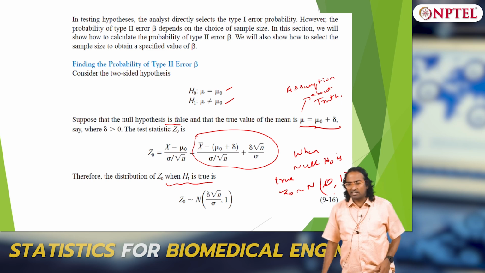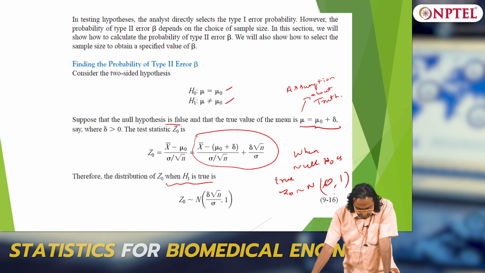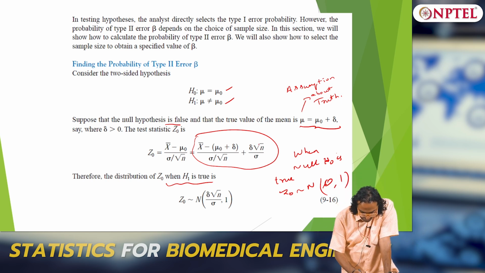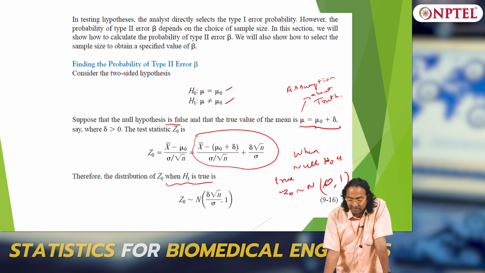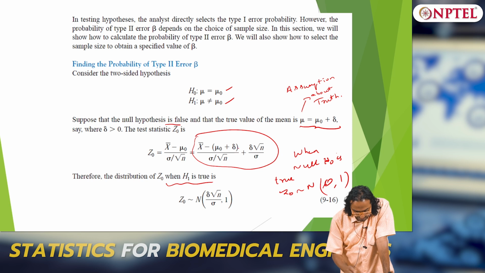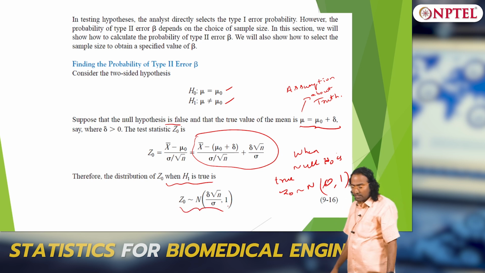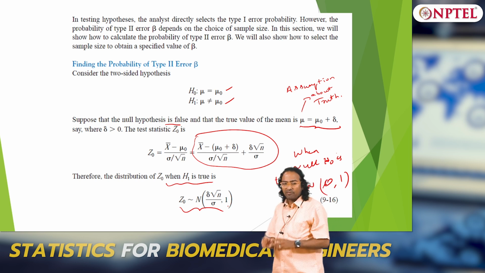So what is the extra term that is going to come in? It is going to be delta root n by sigma. Do you understand how I got this? I am adding and subtracting delta and have clubbed things together. Make sense everybody? So what is the distribution? Z0 is normal with mean delta root n by sigma and variance 1, instead of 0 comma 1.